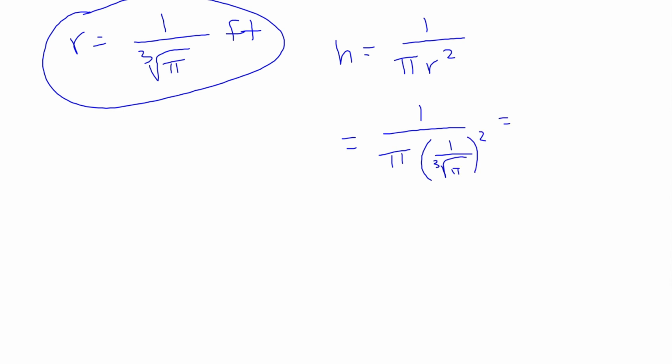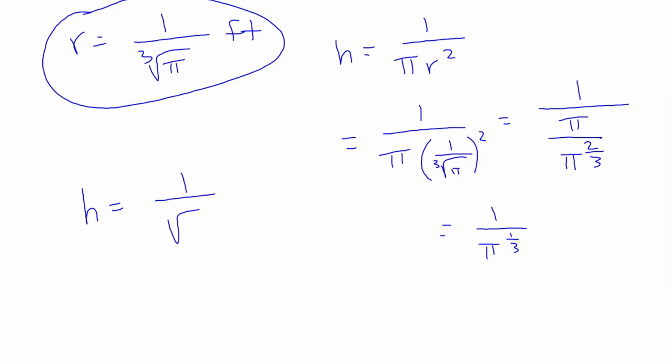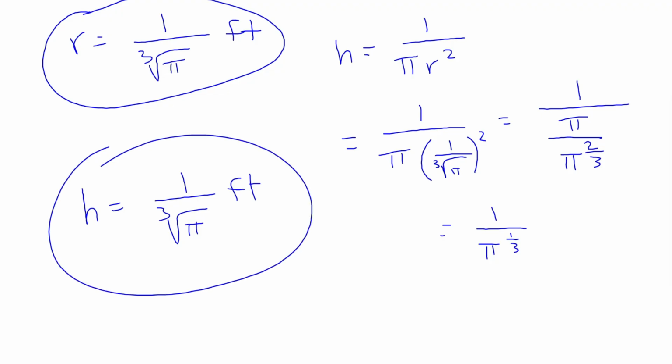Well, that's 1 over pi to the 2/3, which is 1 over pi to the 1/3. Or again, our height is also just going to be 1 over the cube root of pi. So we end up with the same radius and the same height to give us the minimum amount of material for this one.